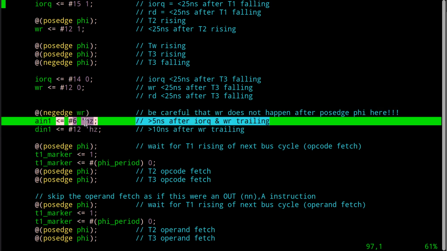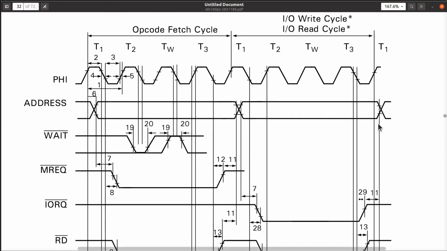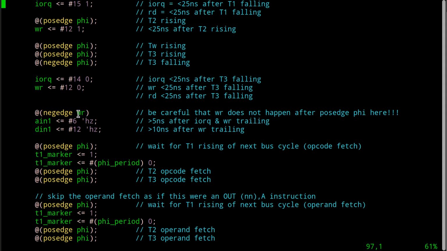The address bus, actually, my code's wrong, is specified, I think, relative to just IO rec. No, they're both specified relative to write and IO rec. Fine. Good enough. I'm going to go ahead and let these slosh around a little bit.